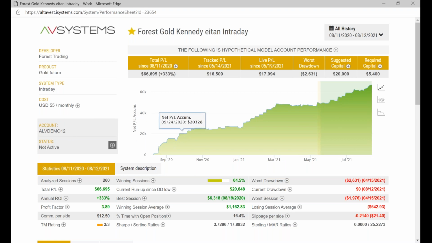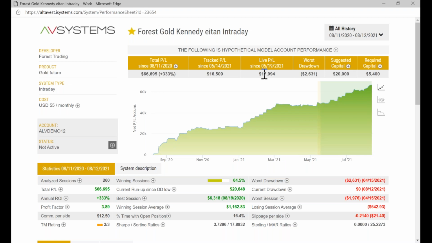Now let me run you through the top here and explain what this means. This is the total profit and loss, or total P&L, since this particular system was back tested back to August of last year. This is the profit since it was first tracked on the AV Systems platform, so it met all of the due diligence criteria, and it was then placed on the platform and available at that point.